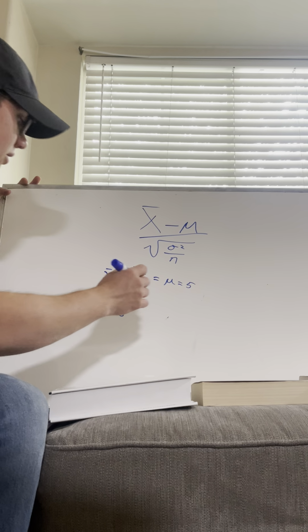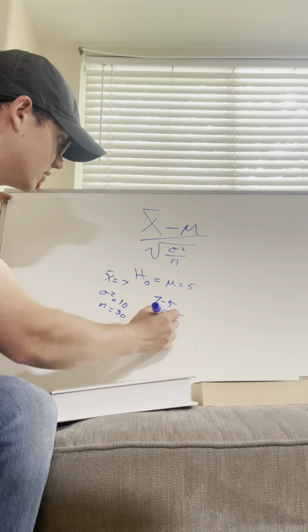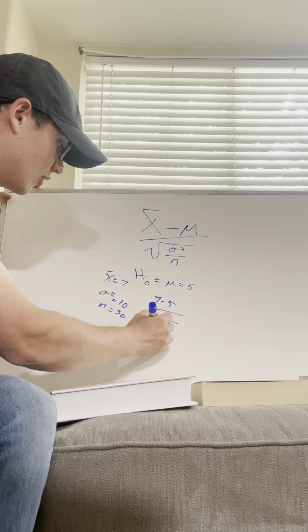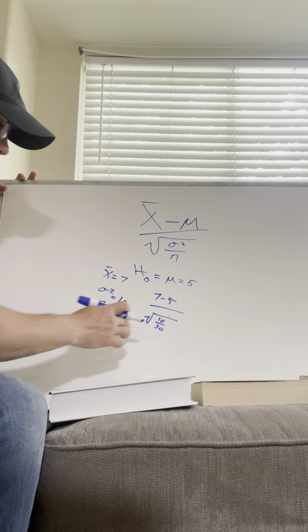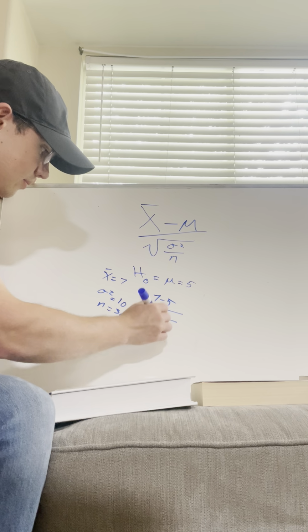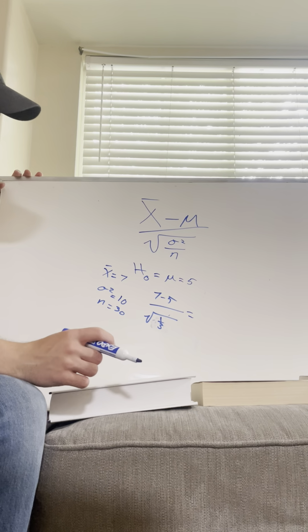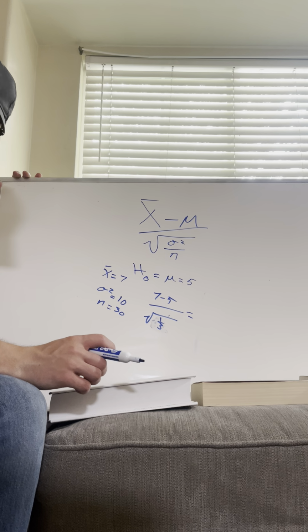So if we do all that, we find 7 minus 5 over the square root of 10 over 30, which is just 1/3. So I'll put 1/3 down here. So we would plug in all that and we would do the math and we would find some test statistic.